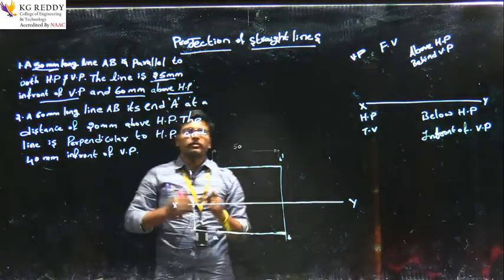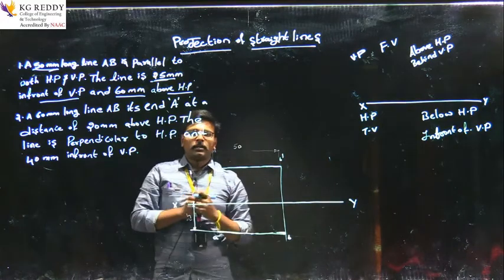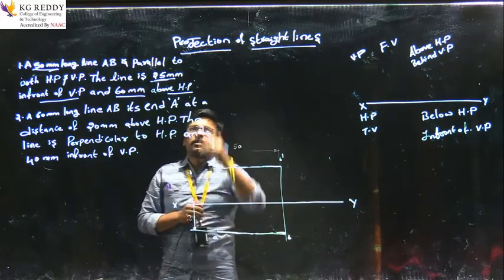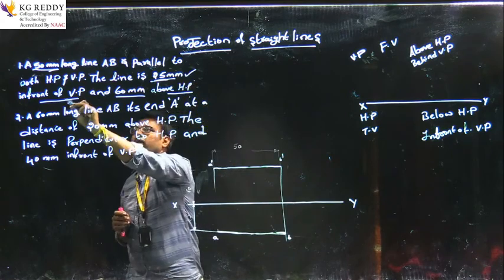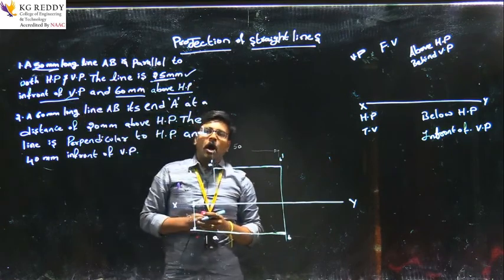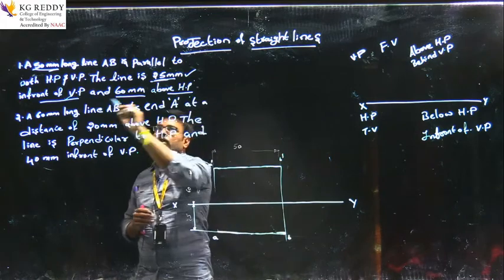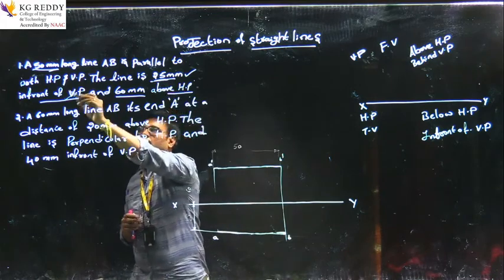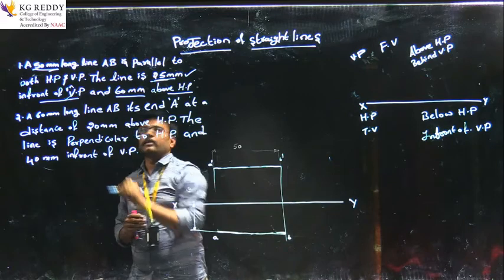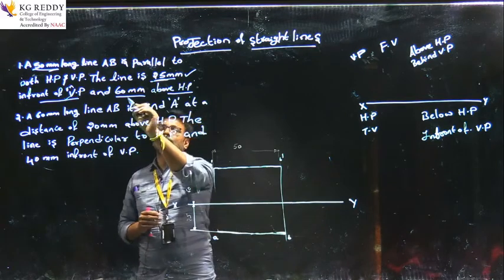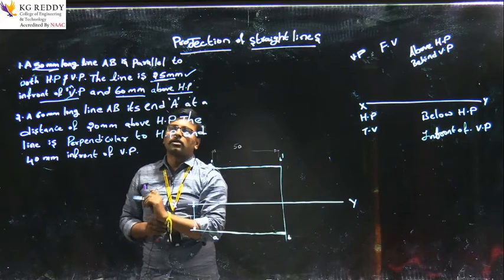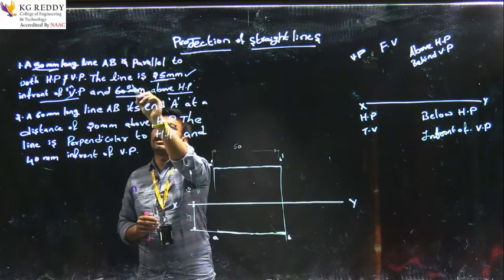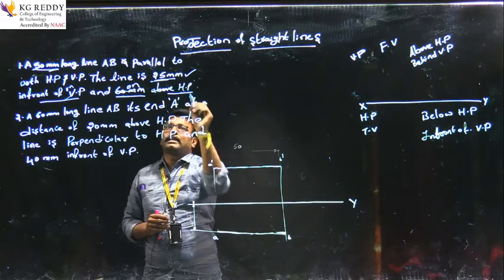The same concept we can take in different types. Here they are giving 25 mm, that is 25 mm in front of the vertical plane. In some cases they will give it on the vertical plane, nothing, only on the vertical plane. Similarly, in some cases they give a distance of 60 mm above the horizontal plane, and in some cases on the horizontal plane.